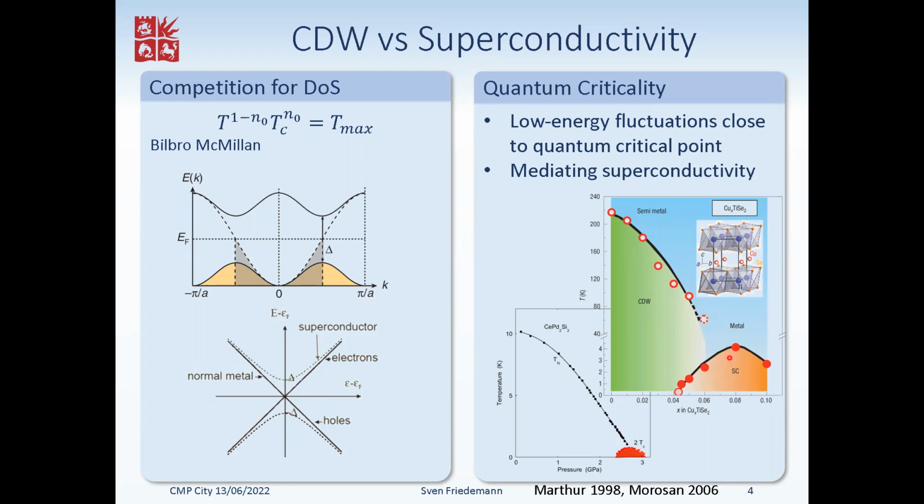I'll discuss them in a bit more detail today, and I will show our results on how the Fermi surface evolves, both the underlying Fermi surface of the parent state as well as the reconstructed Fermi surface in the charge density wave, and then I'll compare that with the presence of superconductivity and argue that it's mostly because of which Fermi surface sheets are available, but nevertheless the charge density wave seems to play an important role.